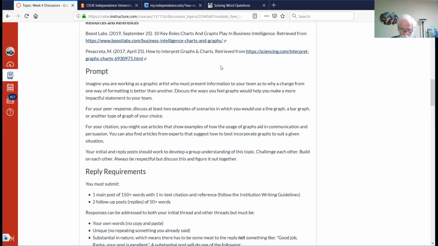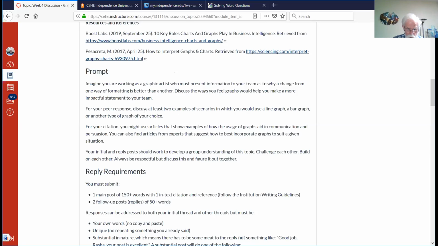I firmly believe that we're given an example here. It doesn't tell you you have to put graphs into your post or your responses, although you can. I'm perfectly happy with that.